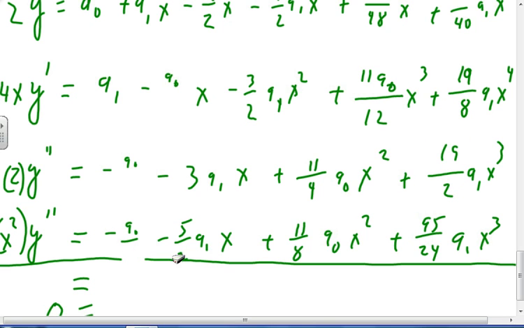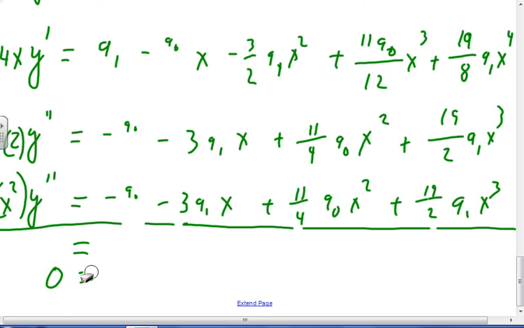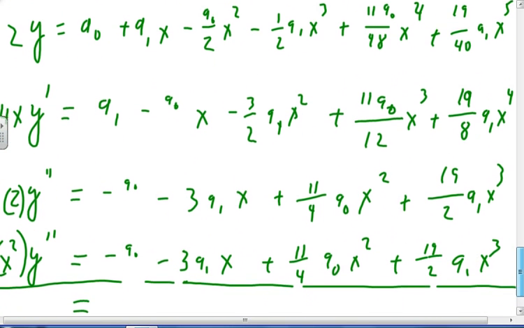And the next set has to look identical to them. A0, I have a 3 here, I have an over 4 there, I have a 19 over 2 here. And now it's time to check our work again. Hopefully that would be the only thing we did wrong.